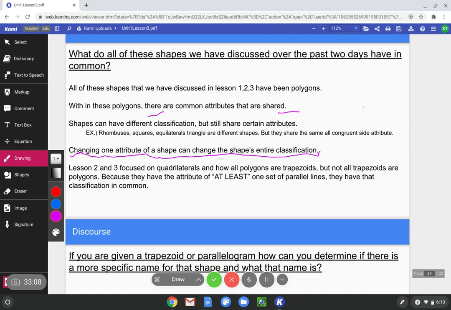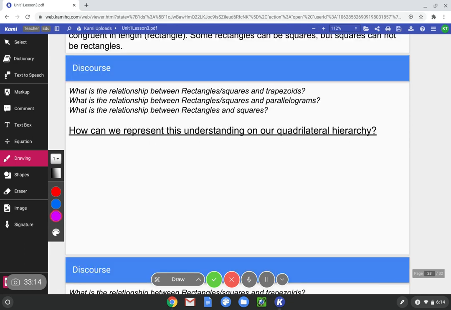Remember, all parallelograms are trapezoids, but not all trapezoids are parallelograms. This is a really important question that I need y'all to understand and really ponder over. So take however long you need and think about this question and have your answer ready.